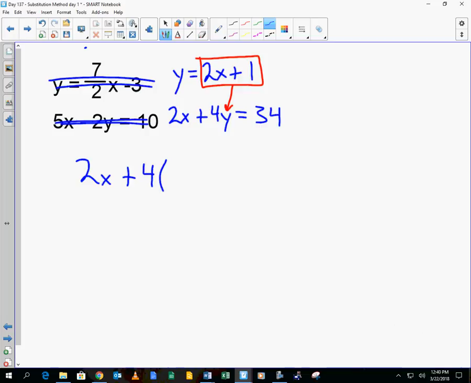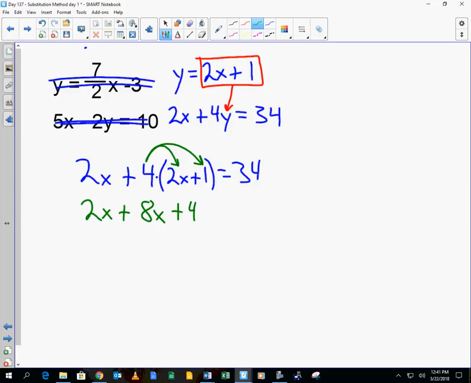In place of this y, we put 2x plus 1. And the operation is, this is multiplying. So what do we do with this 4? We distribute it across. We have 2x plus, what is 4 times 2x? 8x. What is 4 times 1? 4 equals 34. Very good.